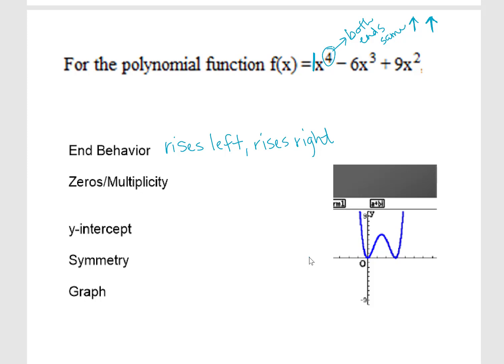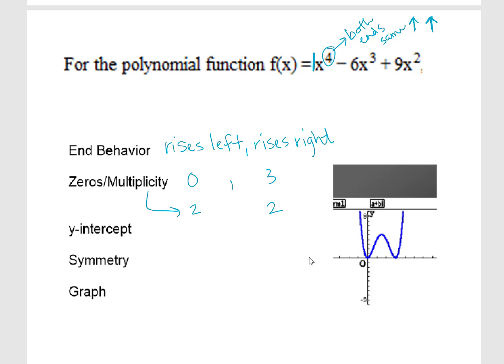So my zeros are 0 and 3, which I can totally see how that's confusing because it's like, wait, my 0 is 0 and 3. But remember, that's another word for solutions, x-intercepts, roots. And then the multiplicity is 2 and 2.